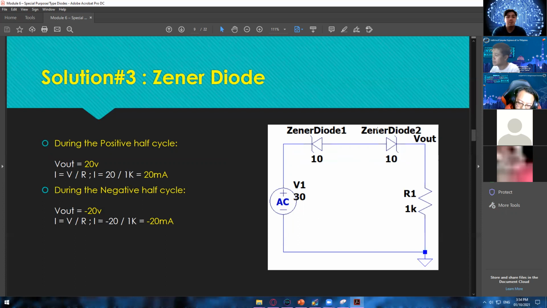But since this one is a Zener diode, you just deduct 10, and then it will give you a value of negative 20 volts. And then for the current, they are super easy to solve as long as you know the voltage output. So are we clear so far regarding example number 3?